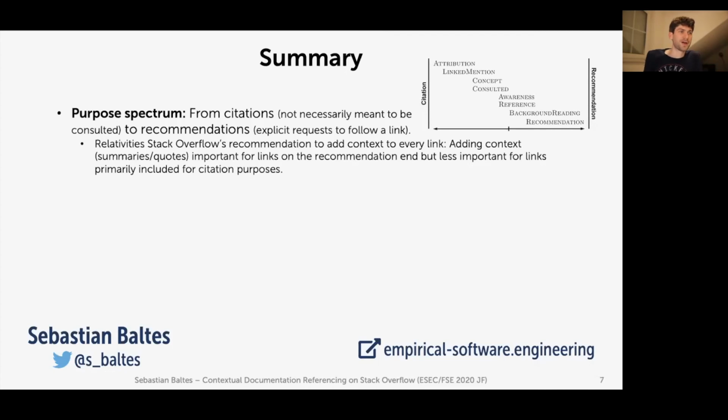We also arranged the purposes along a purpose spectrum from citation to recommendation. So some links towards the citation end of the spectrum are usually not meant to be followed.